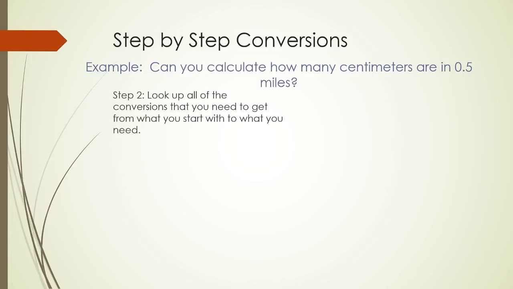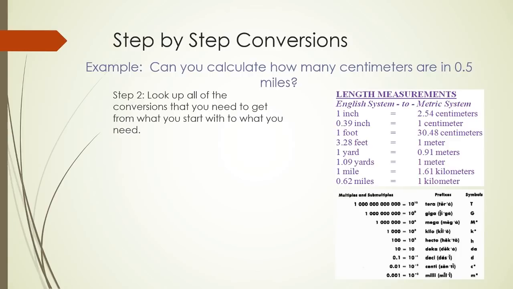So I want to look up all the conversion factors that I possibly need to get from half a mile to centimeters. I'm going to need a length chart. If I look at the length chart here, I see that a mile is 1.61 kilometers. All right. Well, I also am going to need to get from kilometers to centimeters.